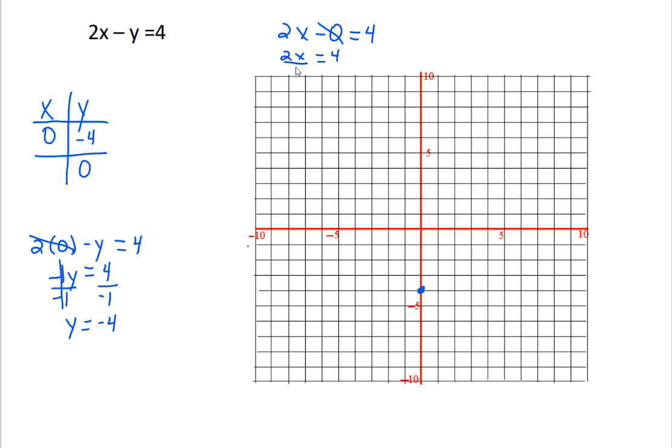And then I divide both sides by 2, and that gives me x equals 2. Okay, that's my x-intercept. So on my x-axis, I go to 2, plot my point, and now I connect those 2 points that I've plotted, my 2 intercepts, and that gives me my line. And that's how we graph using intercepts.